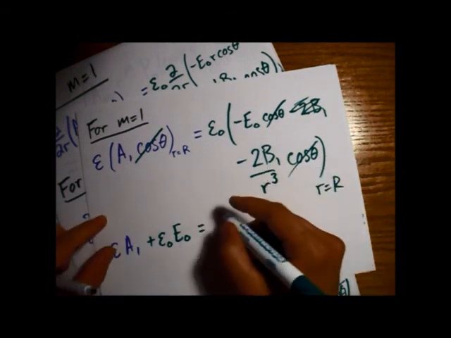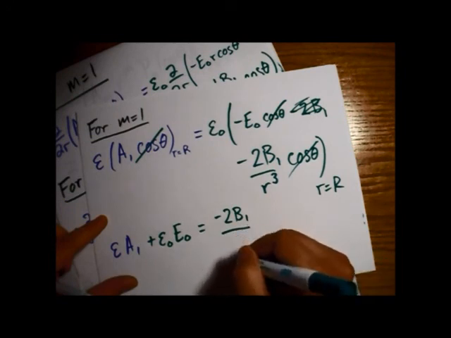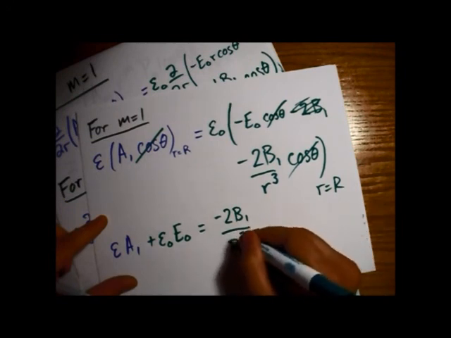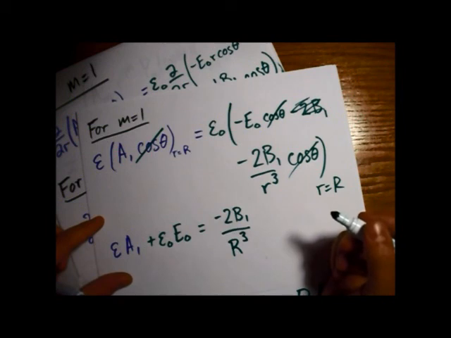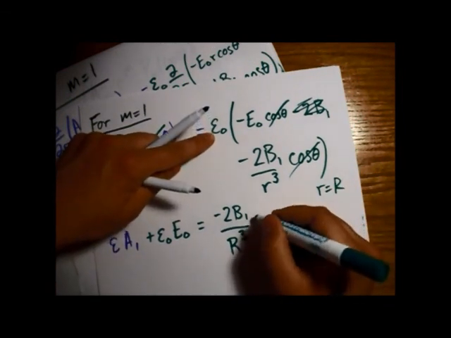And over on this side we have a minus 2B1, and I'm going to write the big R3. Okay, oh, and there's this epsilon naught over here too.